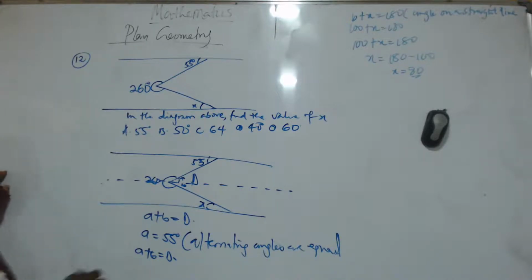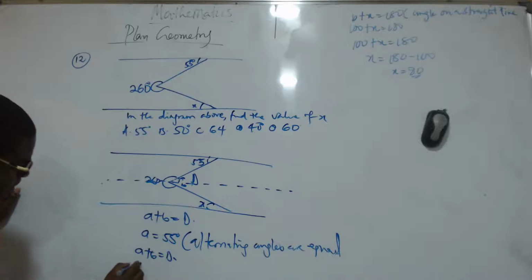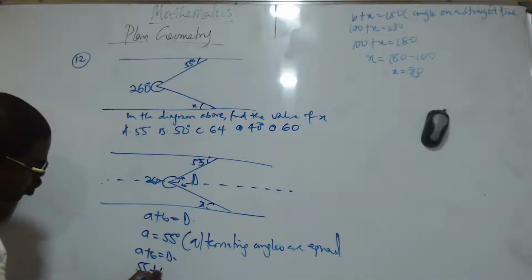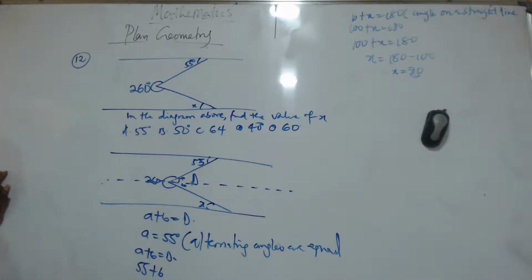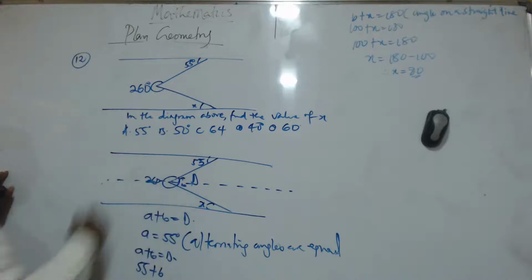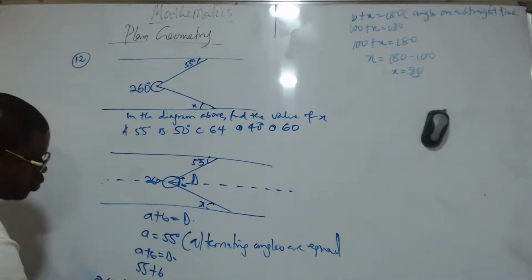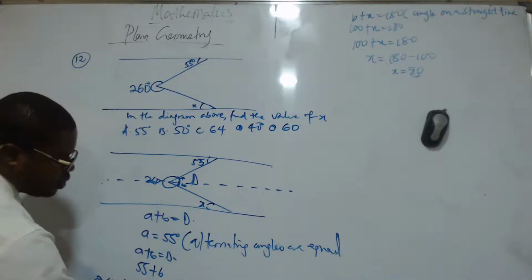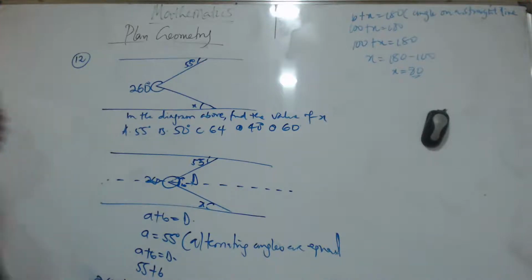And in the question now, we have our A to be 55 plus our B, which we don't know, right? So the whole of the angle here will give us 360, angles at a point.